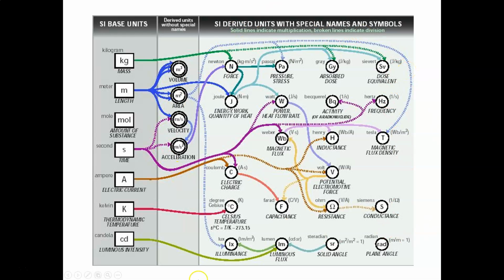So I'm never going to ask you to learn all of these. I do think it's very interesting to see them and see that it can get very complicated very quickly when we start combining these things together. The nice thing about chemistry is we don't have a lot of derived units. We sometimes do, but most of our units are pretty standard.